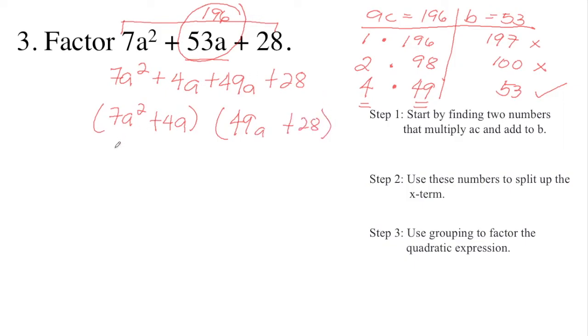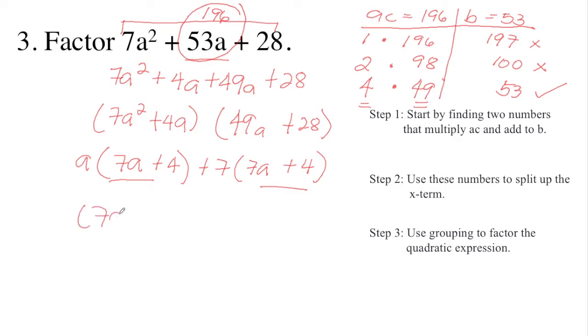And the GCF of 7a squared plus 4a is a. Then 7a squared divided by a is 7a. 4a divided by a is, of course, 4. And for 49a and 28, the GCF is 7. 49a divided by 7 is 7a. 28 divided by 7 is equal to 4. And then 7a plus 4 is common.